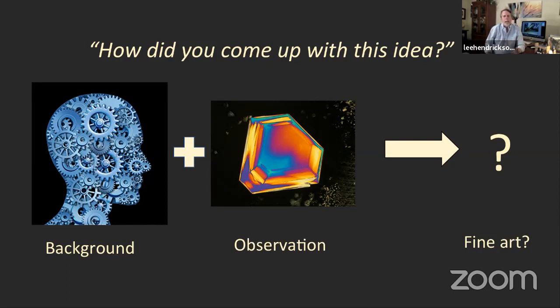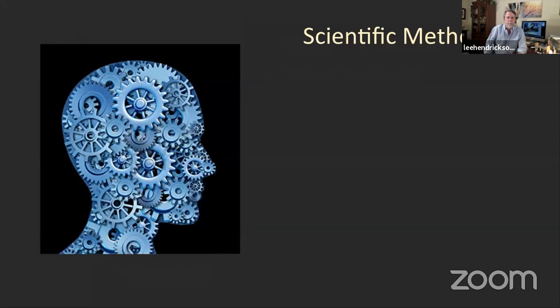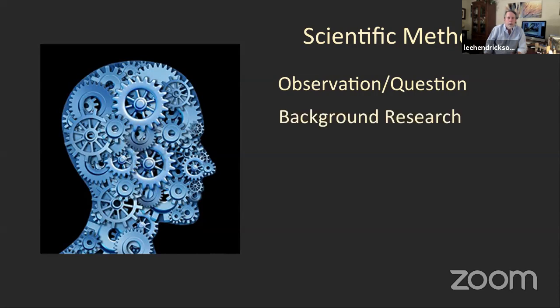This is the kind of thinking I was doing because I was in the lab a lot. I was a scientist, and we came up with experiments, and we used what was called the scientific method. The scientific method, as you recall, is where an observation results in a question.